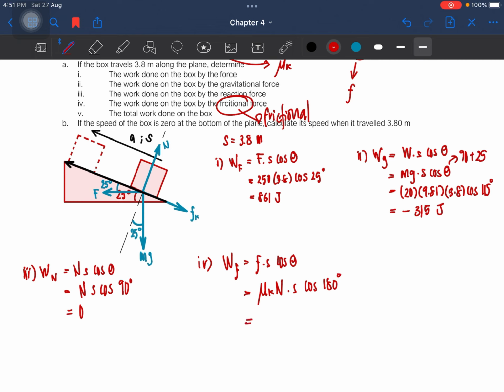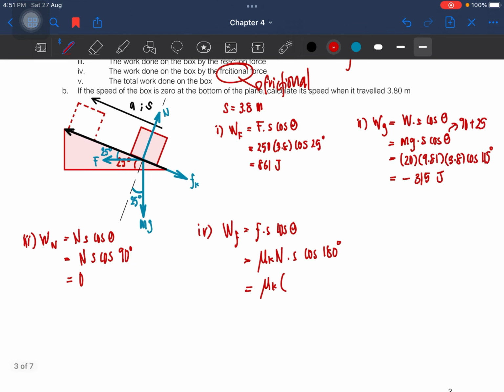We have the value of mu_k, but we don't have the value of N. So what is N? We can refer to the Y component. There's no movement in the Y component, so you can equal it to 0. So N minus mg cos 25 degree minus F sine 25 degree.